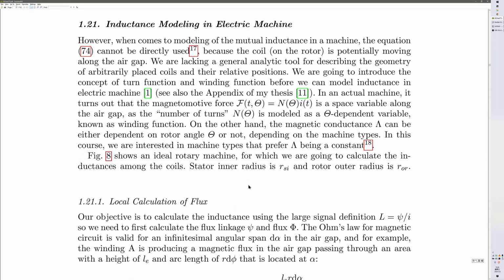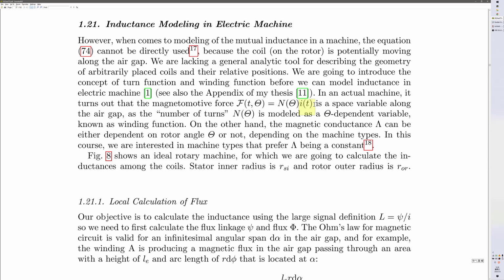So in an electric machine, we need to reconsider this equation. The turns number is now a function of theta. We can say that the coils are distributed along the air gap. It's a very simple model for a practical machine.